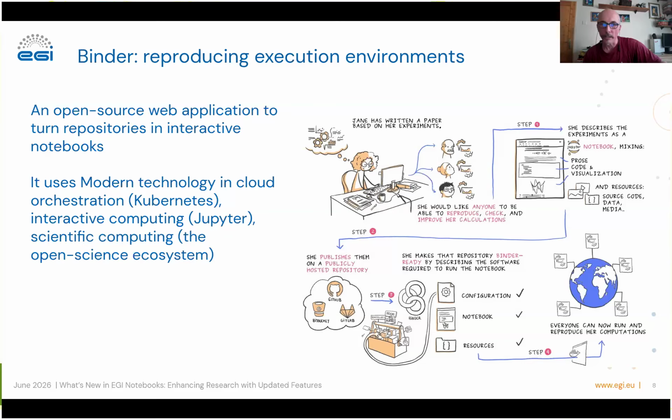They publish it in a well-known repository, publicly available like GitHub, for instance. And then anybody who has access to the Binder technology just gets a URL of the repository, and from that the Binder service will build exactly the same environment as the original author was using, and runs the notebook for you.